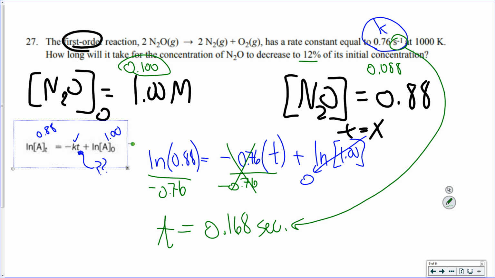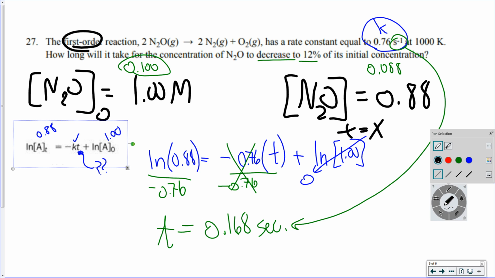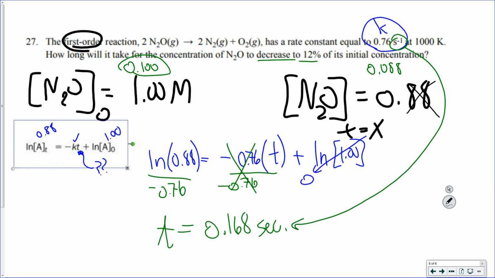assume 1. Are you supposed to get it to 12%, not get rid of 12%? Let's see. It decreased to 12%. I read it as decreasing by 12%, but it decreases to it, not decrease by 12%. So that means 12% is remaining. Good catch, because I definitely misread that. That means it goes down to this value.